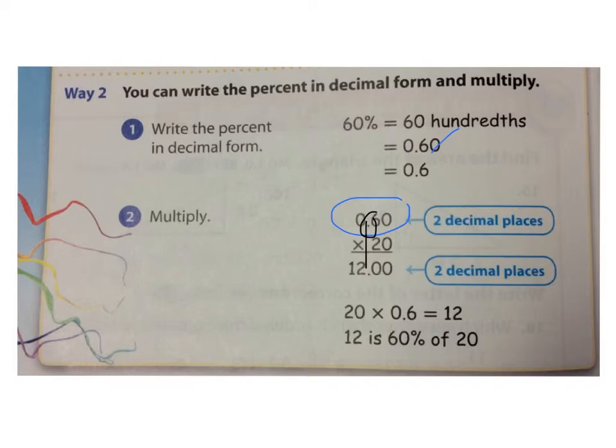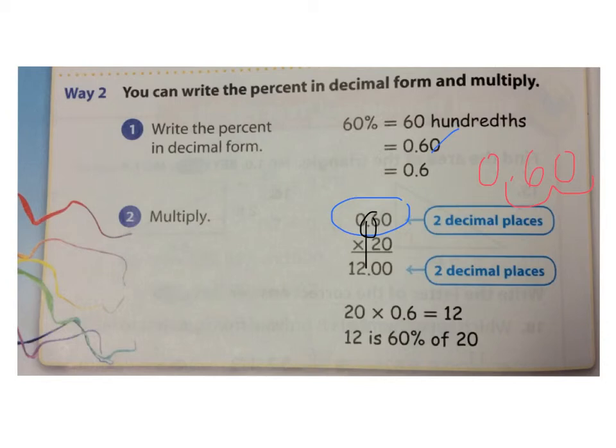Aditya? Because in one of the numbers you multiply, 0.60, that's what they multiplied. There are two numbers after the decimal point.